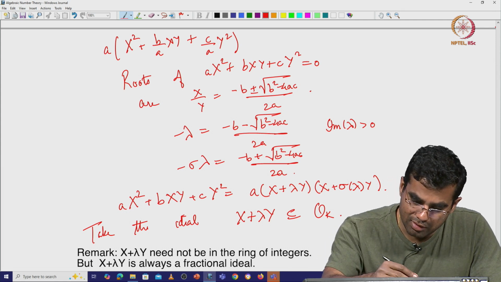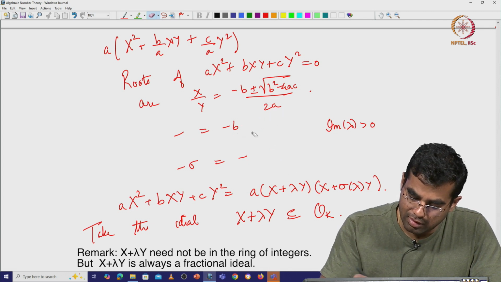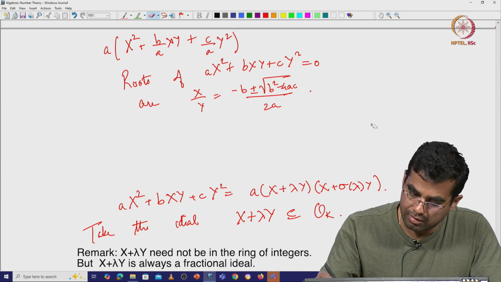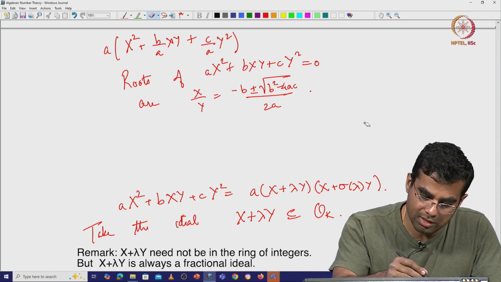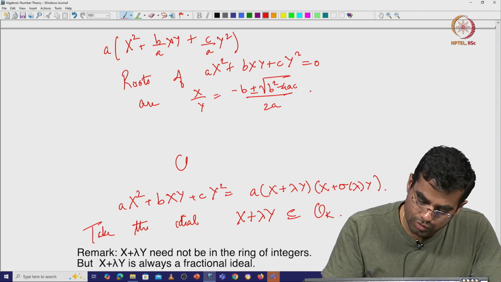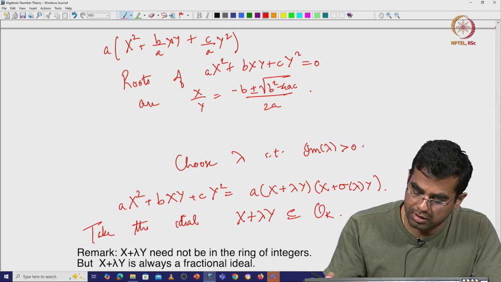Let me erase this, whatever lambda is, I do not care. The roots are this, that is clear, and I choose lambda such that the imaginary part of lambda is bigger than 0.